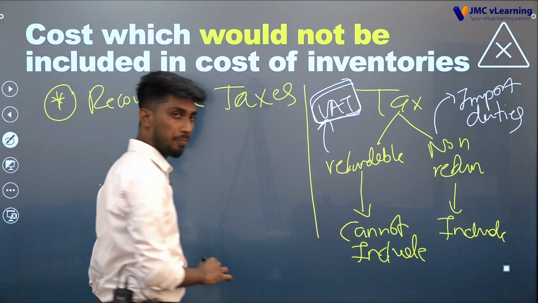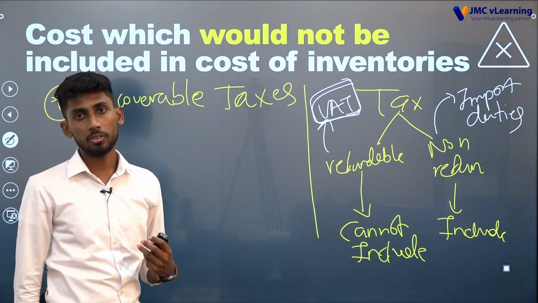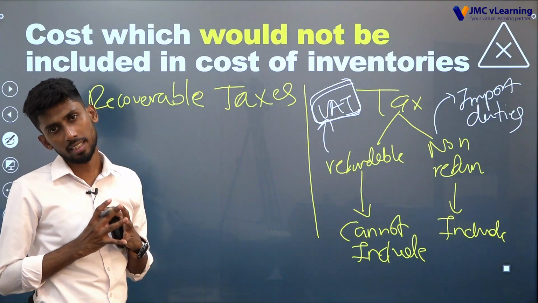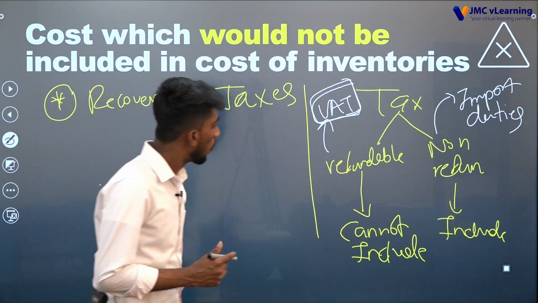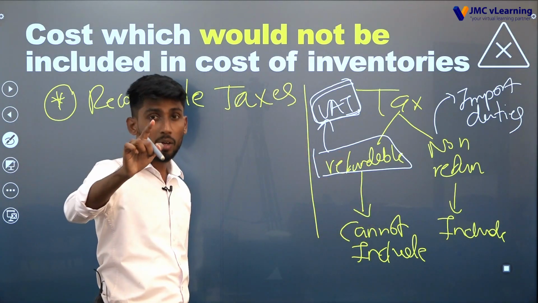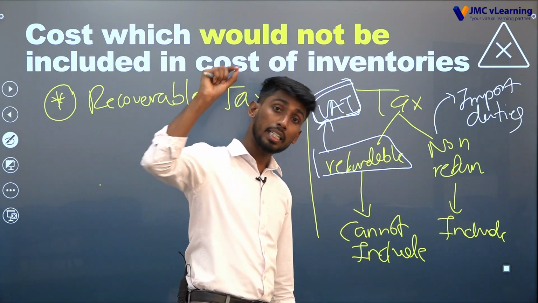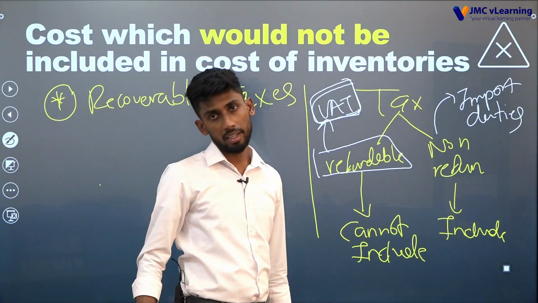We can claim the input VAT. We can request that input VAT, or else we can set off that input VAT against the output VAT. Therefore, VAT is a refundable tax. Therefore, in a question, you can't include VAT in the cost of the inventory.